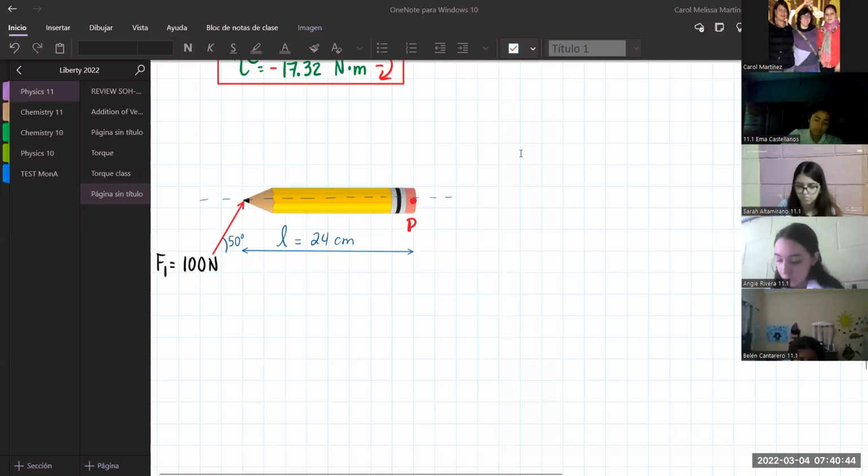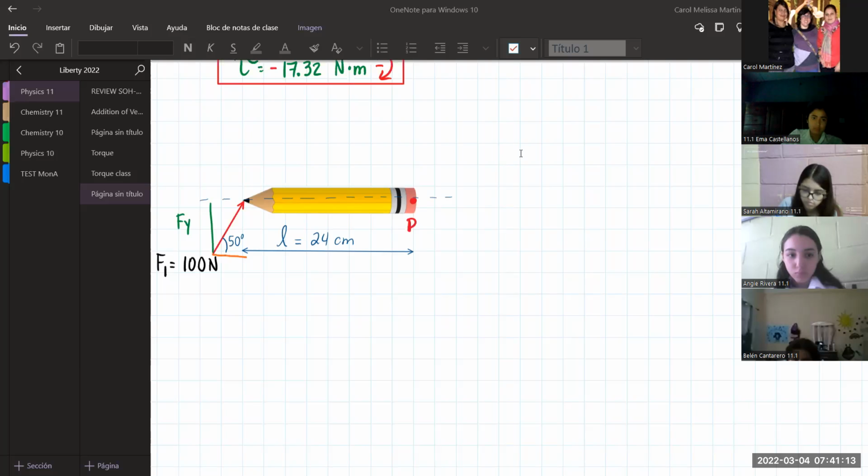From the two components, which one are you going to ignore? Fx or Fy? Why? Let's see. You're going to have this component in y, and you're going to have this component in x.